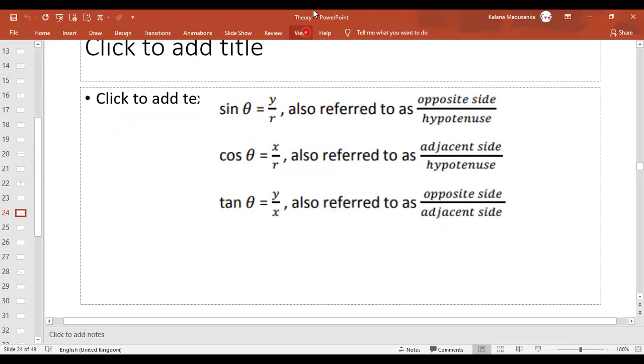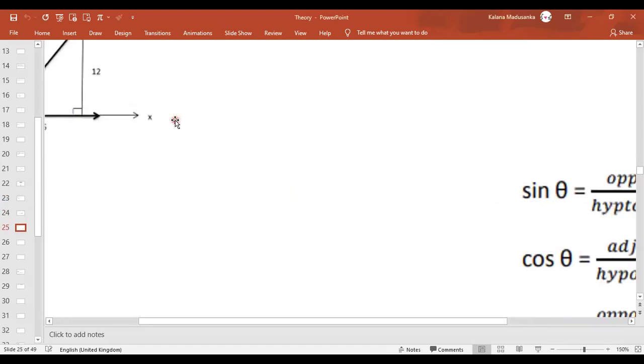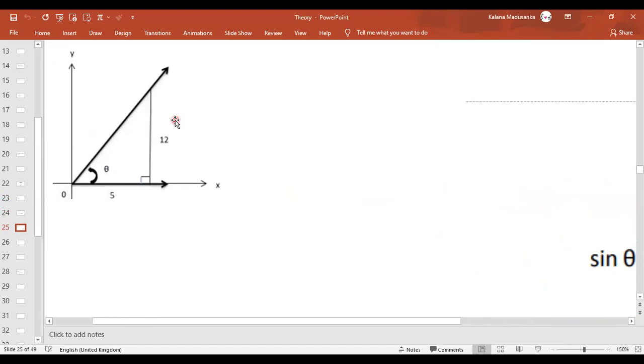It is exactly the same as what I have taught you so far: the opposite side divided by hypotenuse, adjacent side divided by hypotenuse, opposite divided by adjacent for tan theta, right? And this is one example you can try. If I ask the sine theta, what is going to be the value?